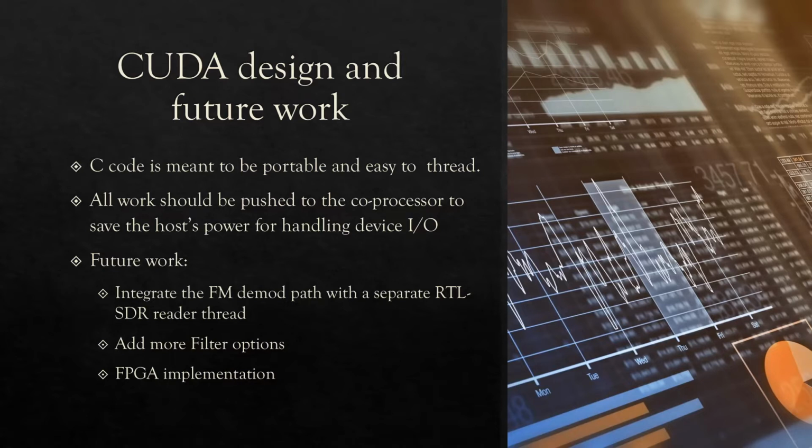The filter code is made to be modular, so you switch out your constants matrix and then you have a new filter. It's written to be like that. I only added that one filter to get it working. And finally, I really want to implement this on an FPGA in the future. Future plans, future projects. It's not quite CUDA, but it's more processing power, and the problem is very interesting.